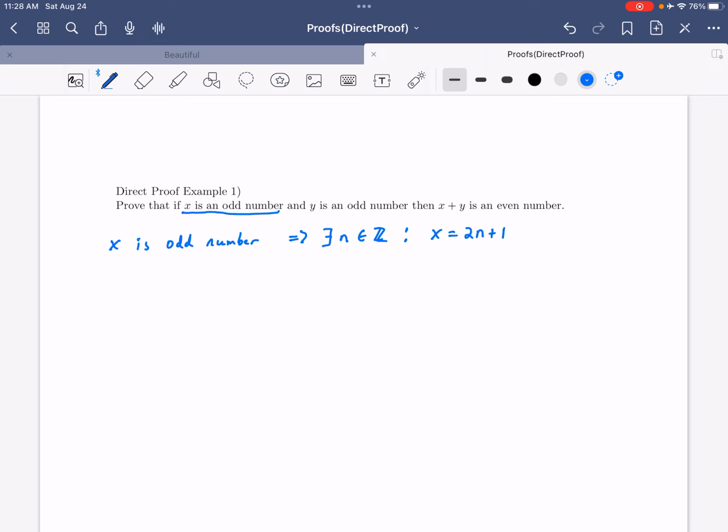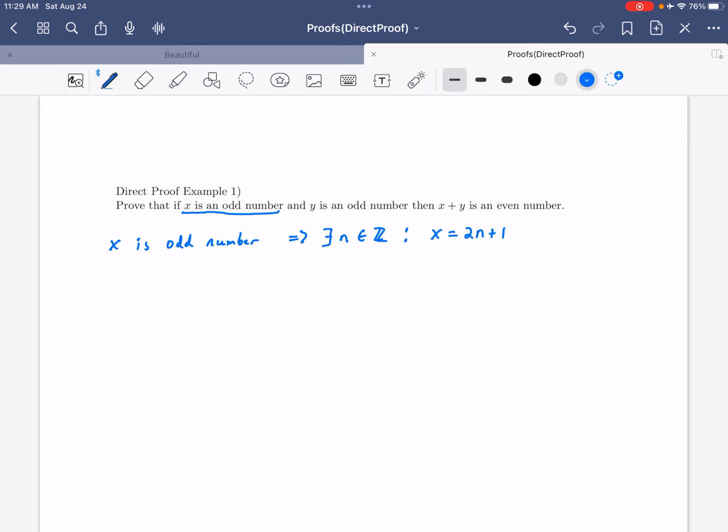We're reading this as saying that there has to exist some integer out there such that x is 2 times that integer plus 1. There's some number out there, multiply by 2, add 1. That guarantees that x is an odd number.